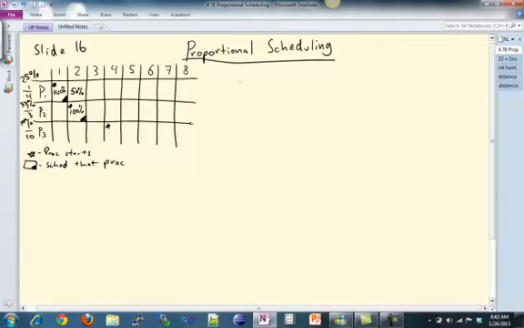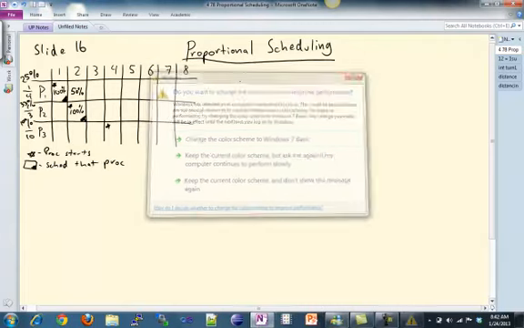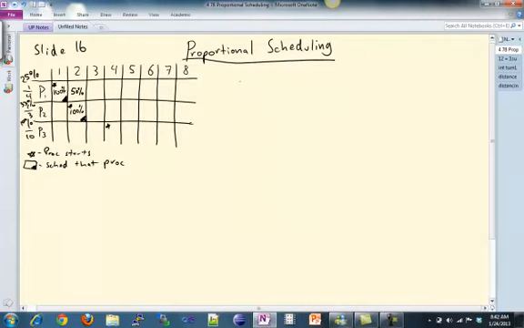We're deciding between P1 and P2 because remember P3 is not born yet. P3 is born at quantum 4. So P1 has a utilization of 50%, and P2 has a utilization of 100%. P1 asks for 25%, and P2 asks for 33%.